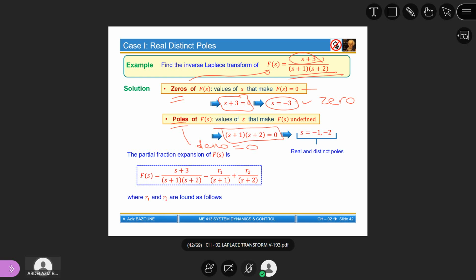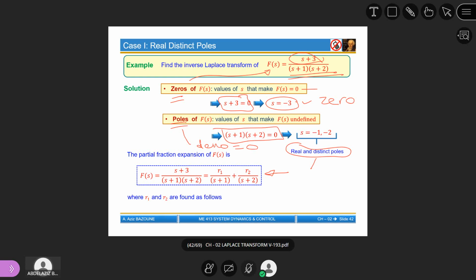We call them real and distinct. Distinct means they are different from each other. Since they are real and distinct, we can write this expression in partial fractions: the first fraction and the second fraction, R1 over s plus 1 plus R2 over s plus 2.